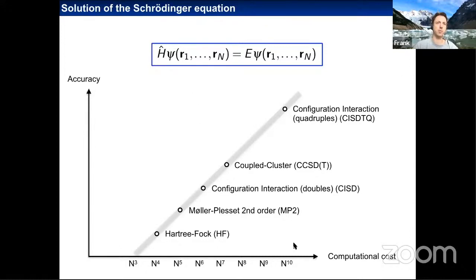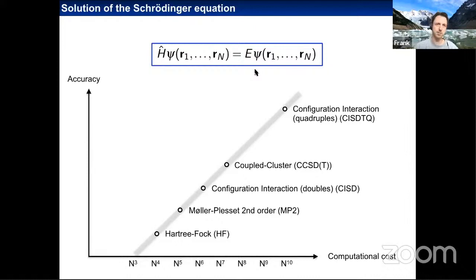But if we want higher accuracy, we also have to pay with a more expensive computational scaling in terms of the number of electrons. And this primarily comes essentially from the number of Slater determinants that we consider in these approaches. So essentially the number of antisymmetric functions that we combine in order to approximate these wave functions here.